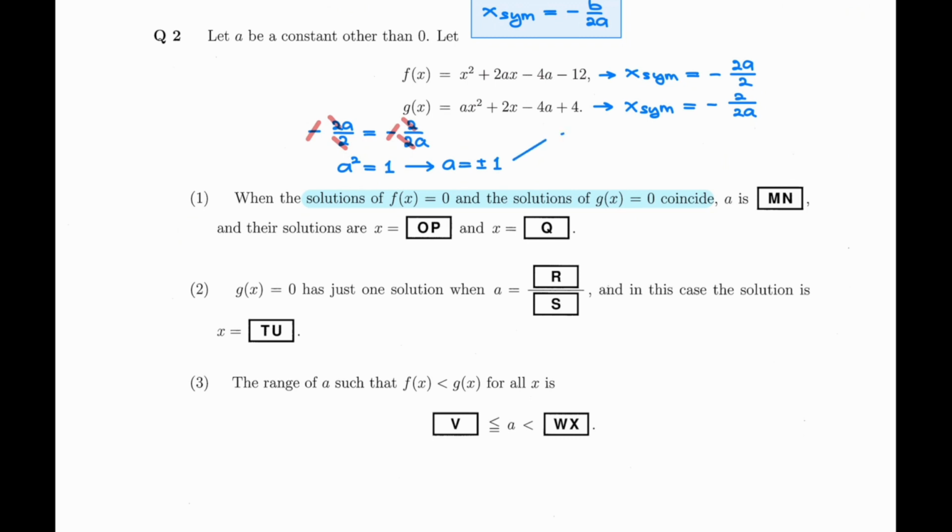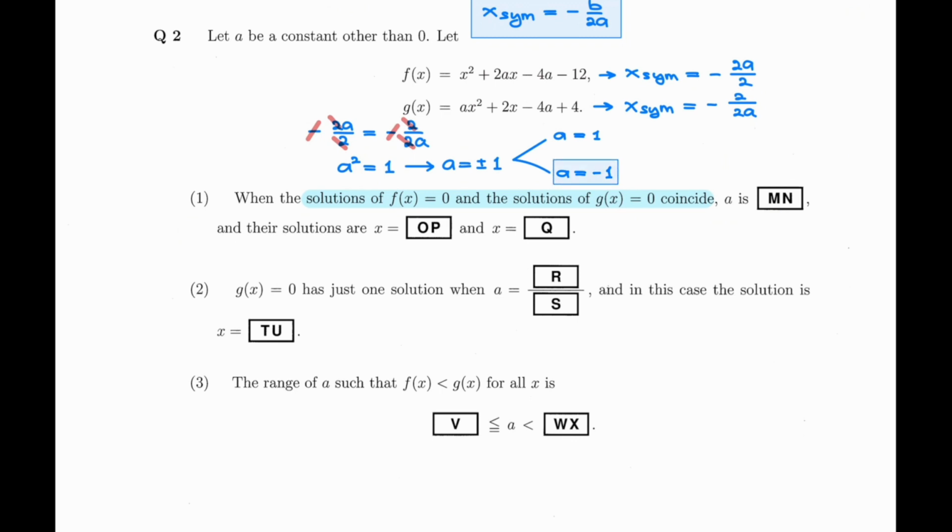The first one is a equals to 1, and then my second one is a equals to negative 1. Since a here consists of two term or two expression, then I think my final answer is negative 1. So this is my answer for a.